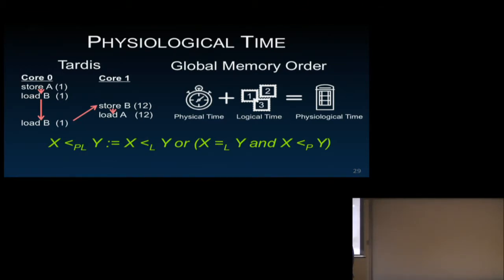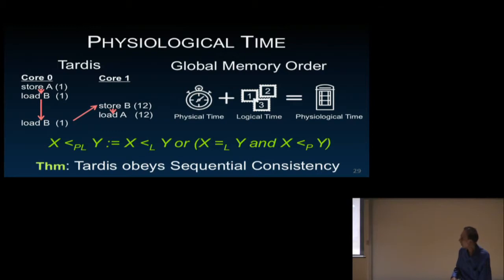Within a core, you can use the physical time to disambiguate two transactions that happened at the same logical time. So that's our definition, and we can prove that TARDIS obeys sequential consistency.